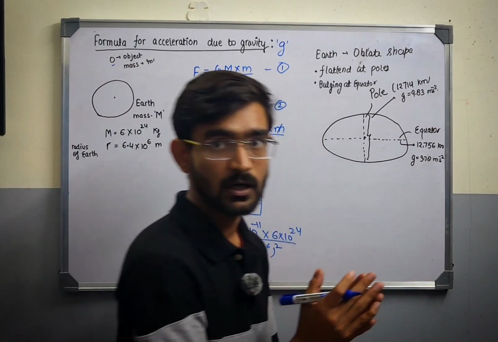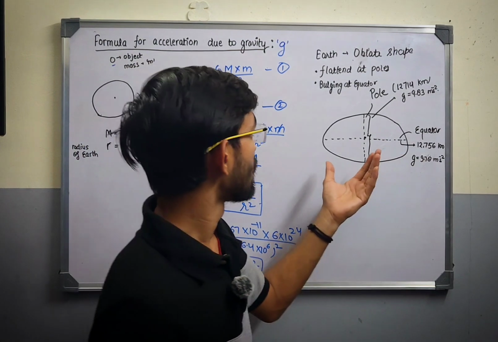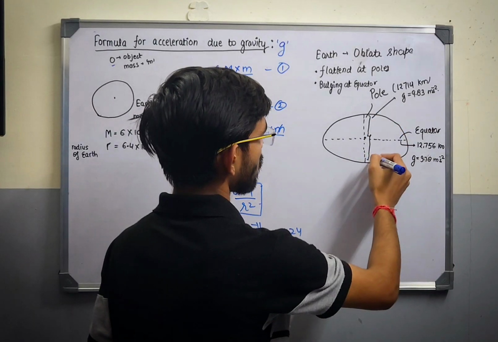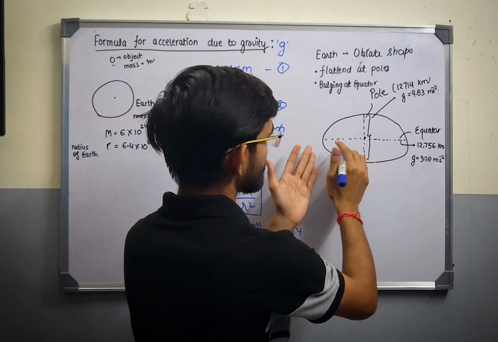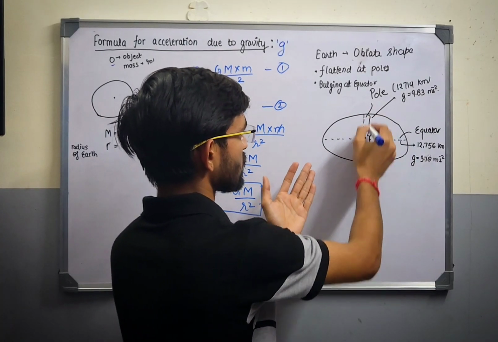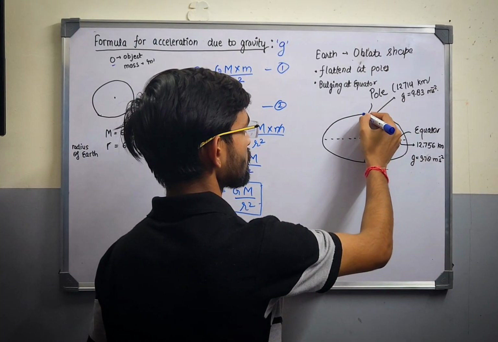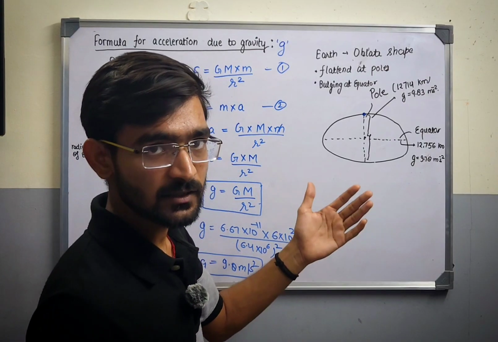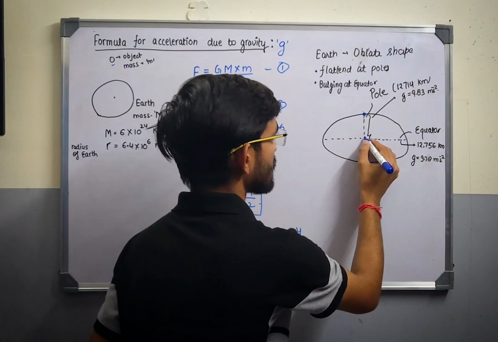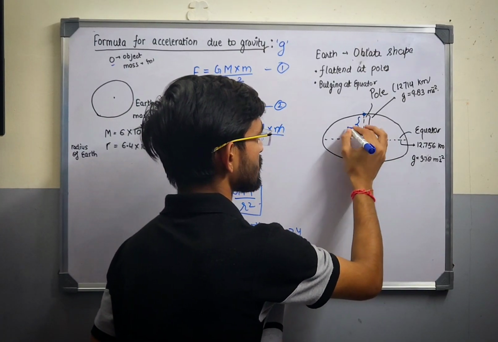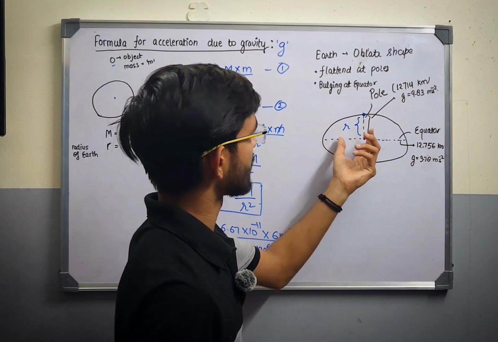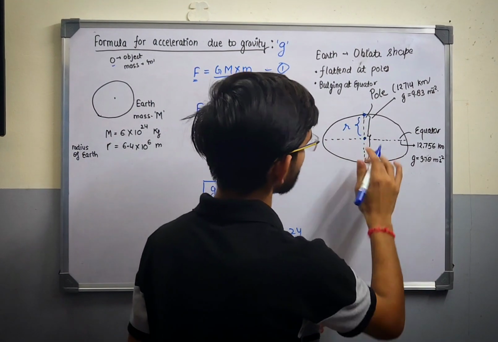Now, Earth is not a perfect sphere. It is oblate in shape. Oblate means it is flattened at the poles and bulging at the equator, meaning this diameter of Earth will be more and this diameter of Earth will be less. Now, if we have to find the acceleration due to gravity at this point, here this is the center of Earth, so this is the radius for this point, and its value is somewhat less.